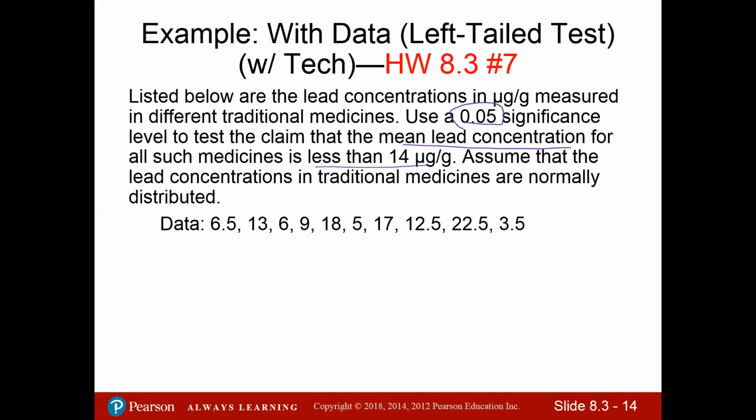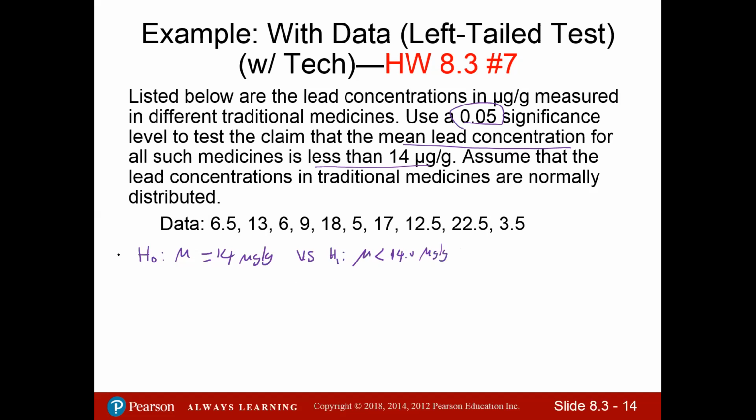Let us write down our null hypothesis first. H0: mu is equal to 14 μg per g, versus the alternative H1: mu is less than 14.0 μg per g.